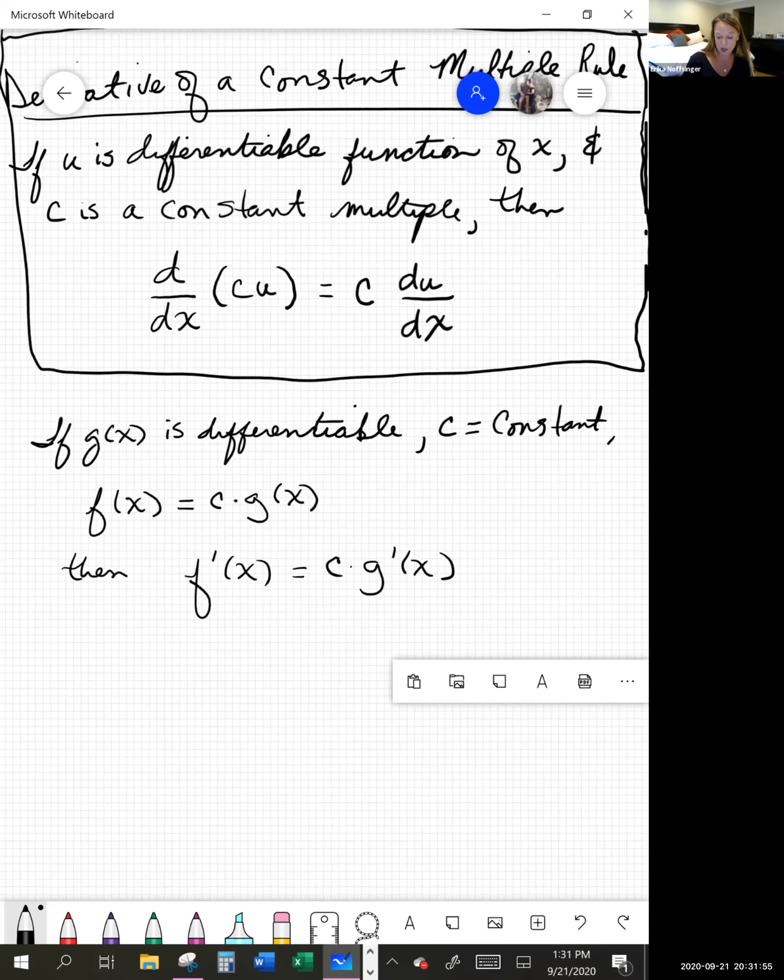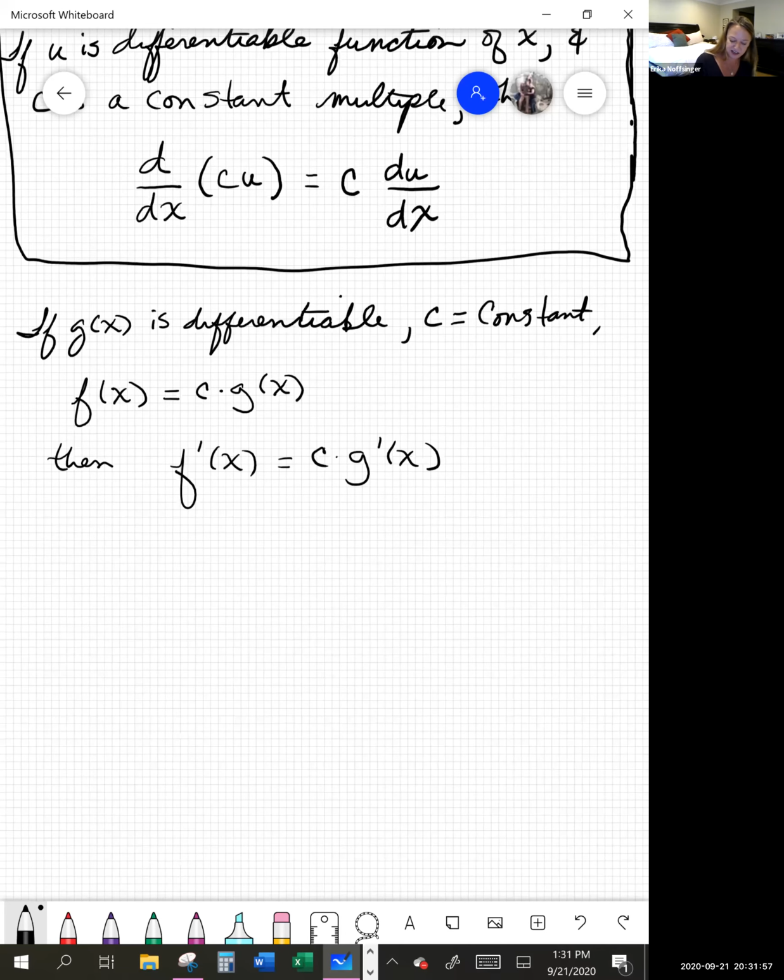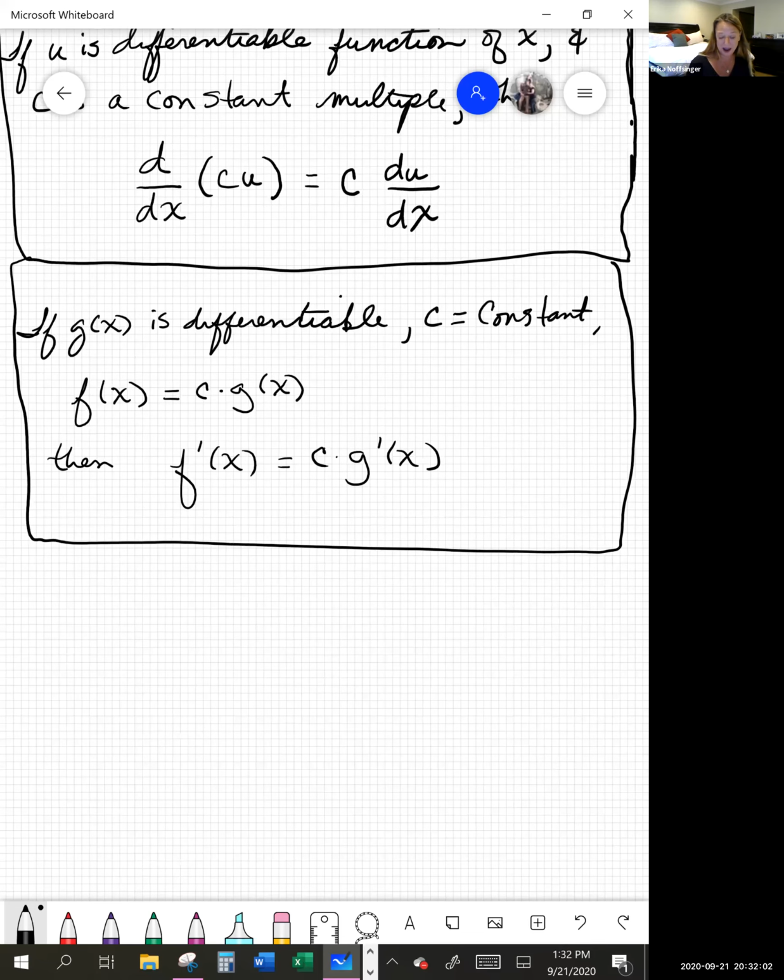Okay, so that helps us because now if we have some constant times some x raised to a power, a real number, we can use this rule. We just multiply that coefficient in front times whatever that power is that we bring down.